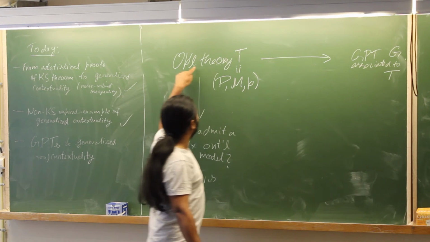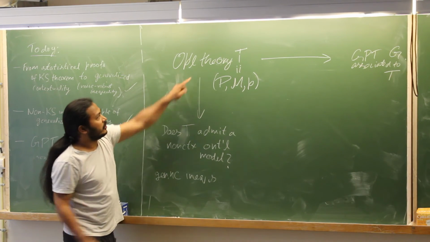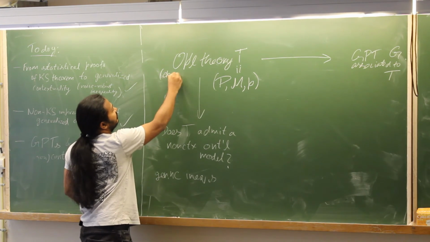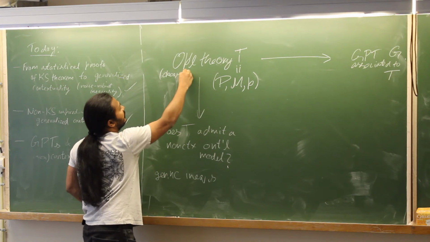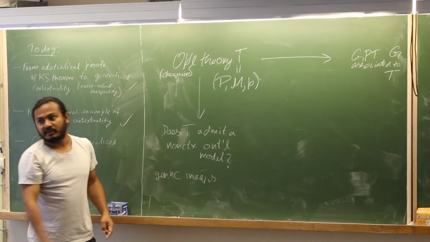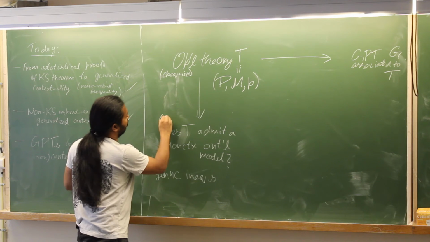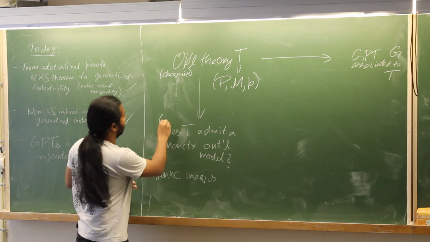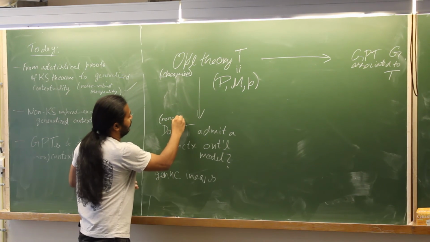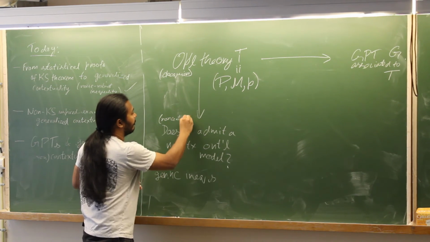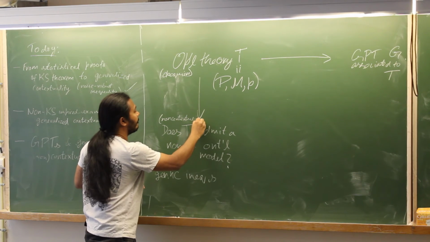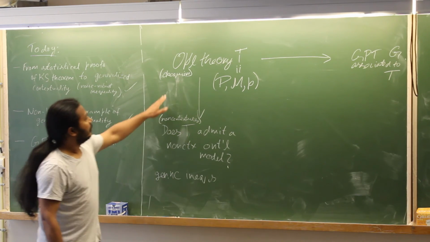So basically, our whole discussion of non-contextuality was that there are operational equivalences here, right? Between preparation procedures and measurement procedures. And when you want to preserve them at the ontological level, you have non-contextuality. Okay?